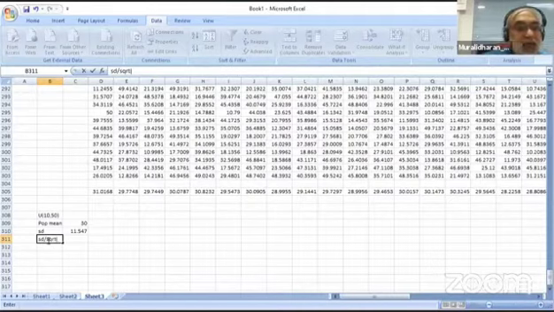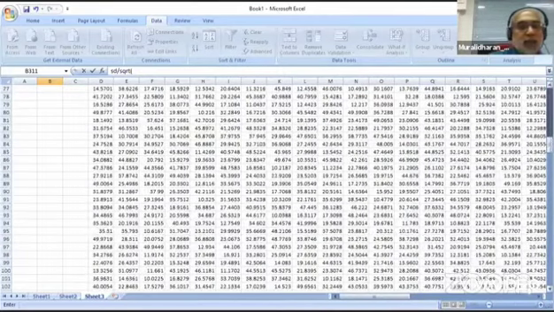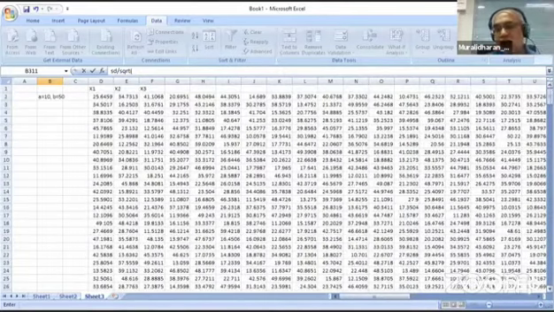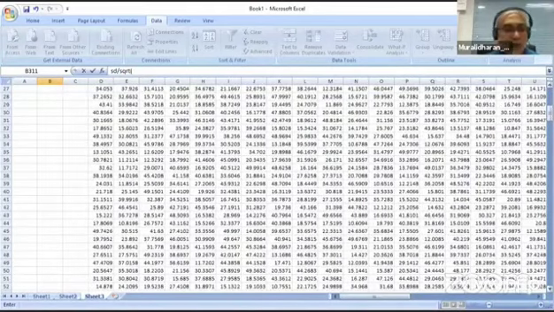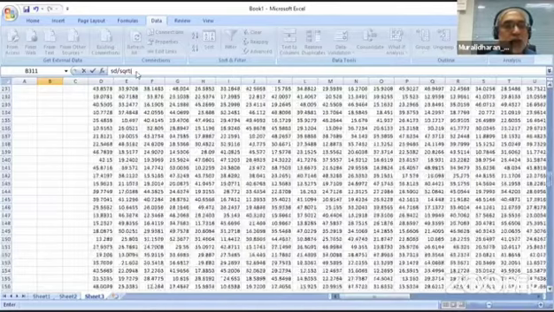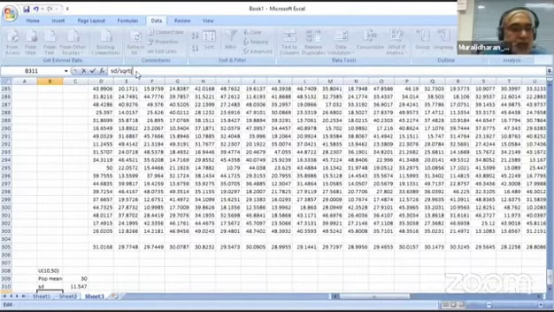Sample size here, if I am correct, I think it is 303 minus... let me again go back to my sheet. 300 minus 2, that is okay. It started from second. Okay. So 303 minus 2 plus 1, that is 302.